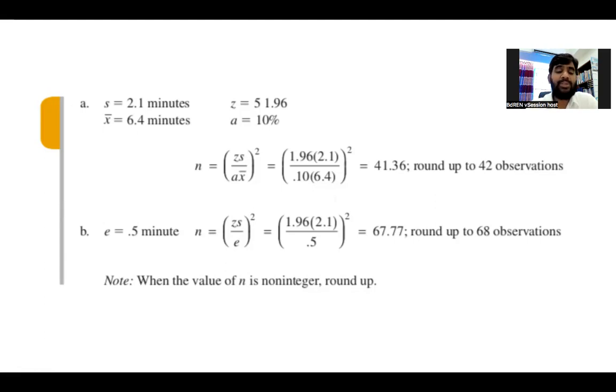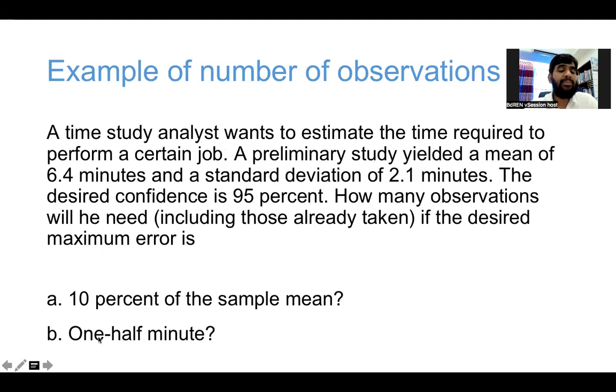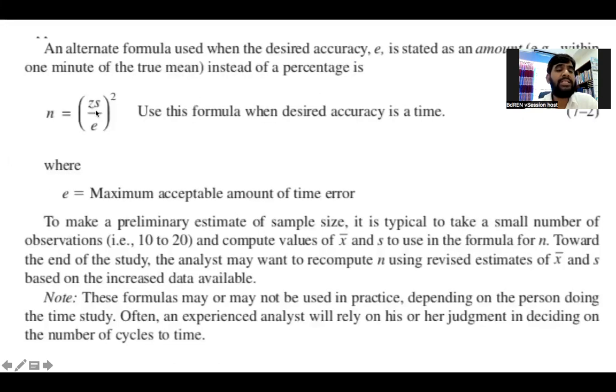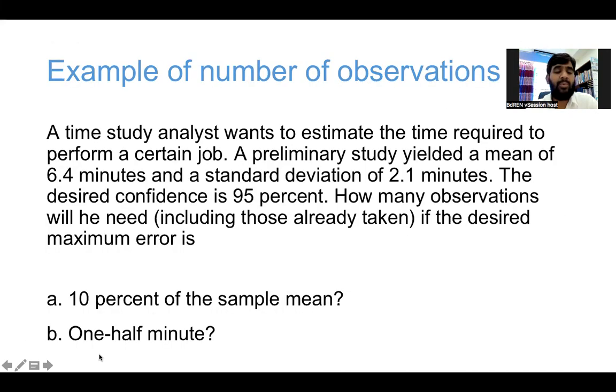And the second approach is 1/2 minute. Here it is not in percentage form. So when the expected deviation from the average is in an amount or minutes, we use the other formula: Z multiplied by S, divided by E, whole square. E is 0.5.